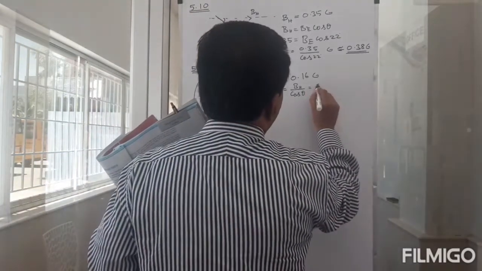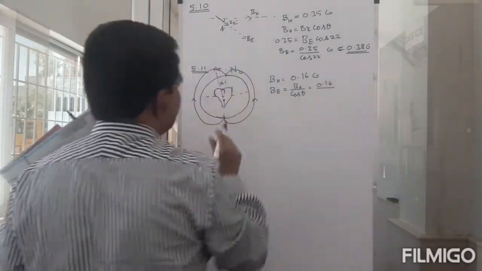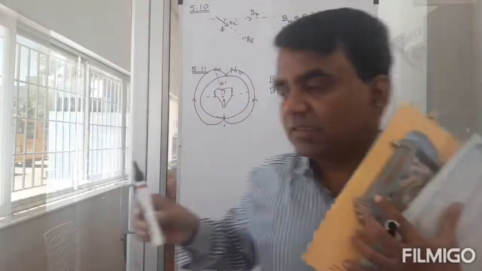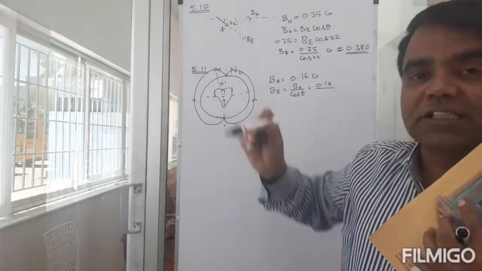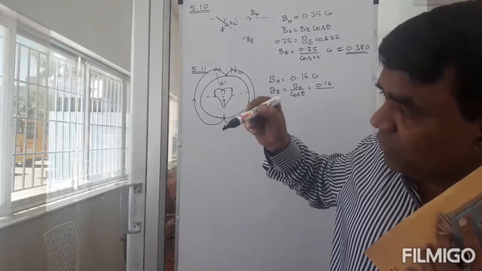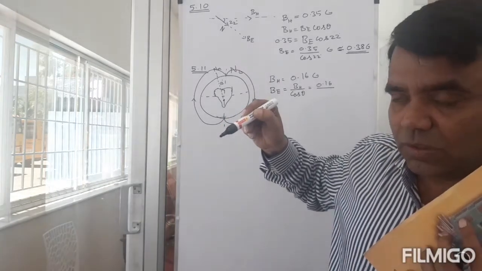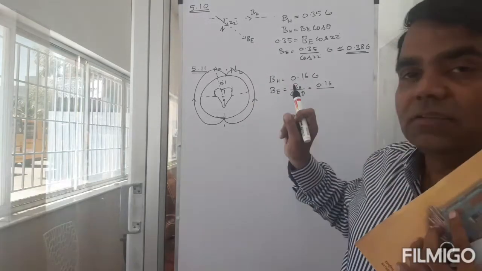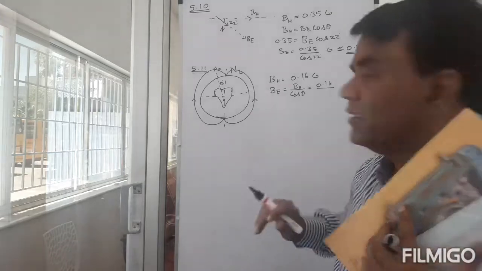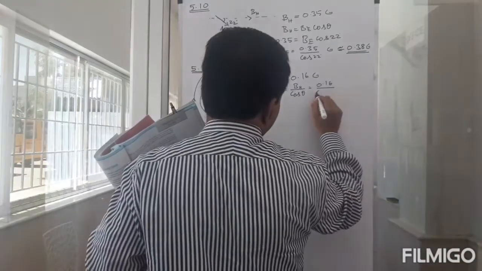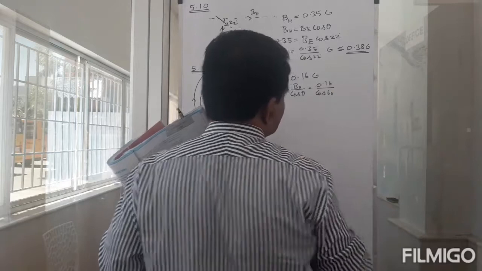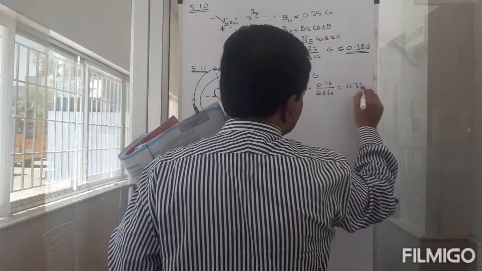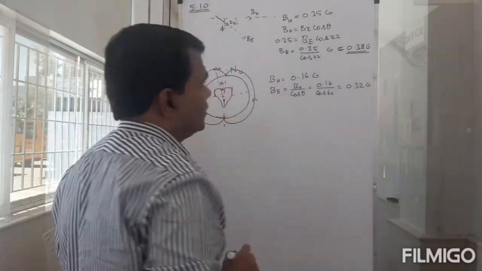So you get 0.16 by cos of, at what angle is it dipping? The dip angle is 60 degrees up actually. In the northern hemisphere, the needle will dip. In the southern hemisphere, the north pole will go up. So that angle with the horizontal is 60 degrees. It's up. So cos 60 is 1 by 2, so that will come up there. So we will get 0.32 Gauss.